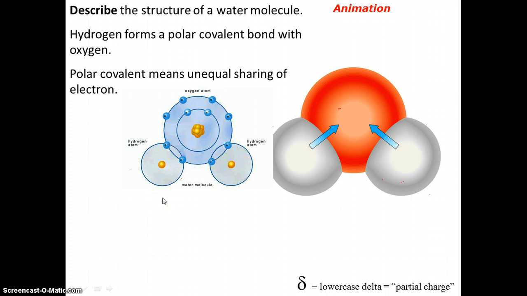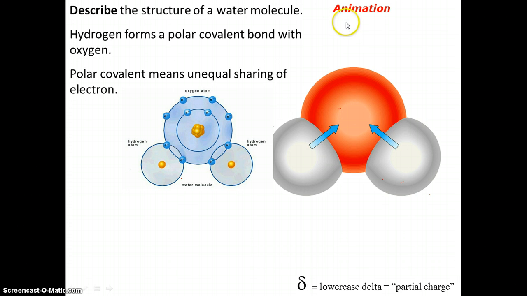Oxygen is not an equal sharer, so it will attract these electrons towards it. That's why we call it polar covalent, because there's unequal sharing of electrons. Due to this unequal sharing, there's a partial positive charge for the hydrogen and a partial negative charge towards the oxygen.